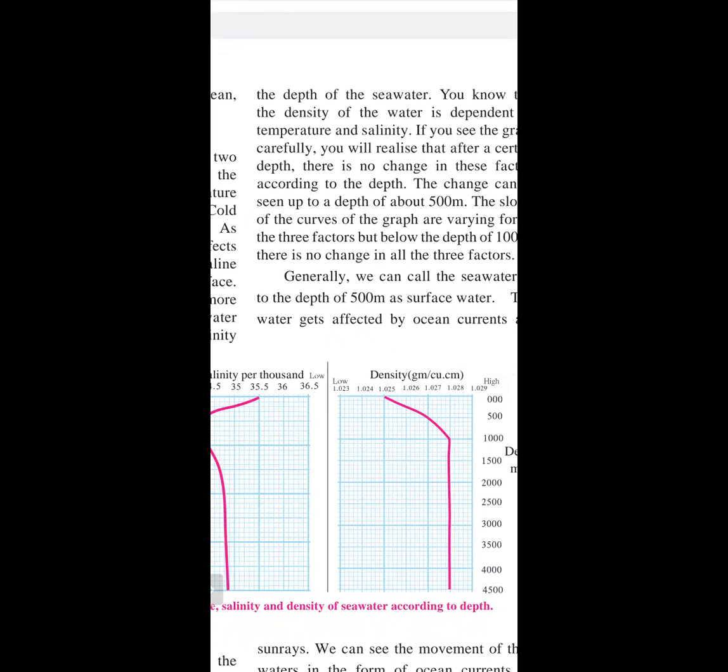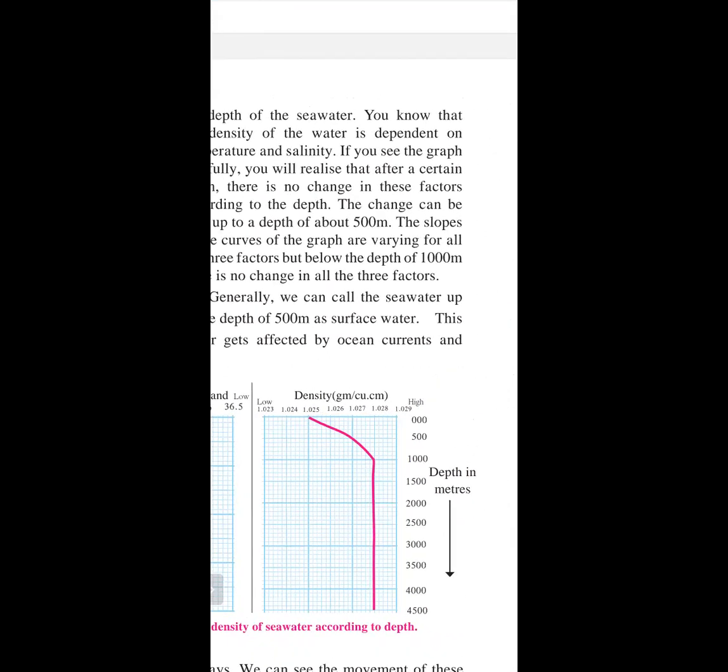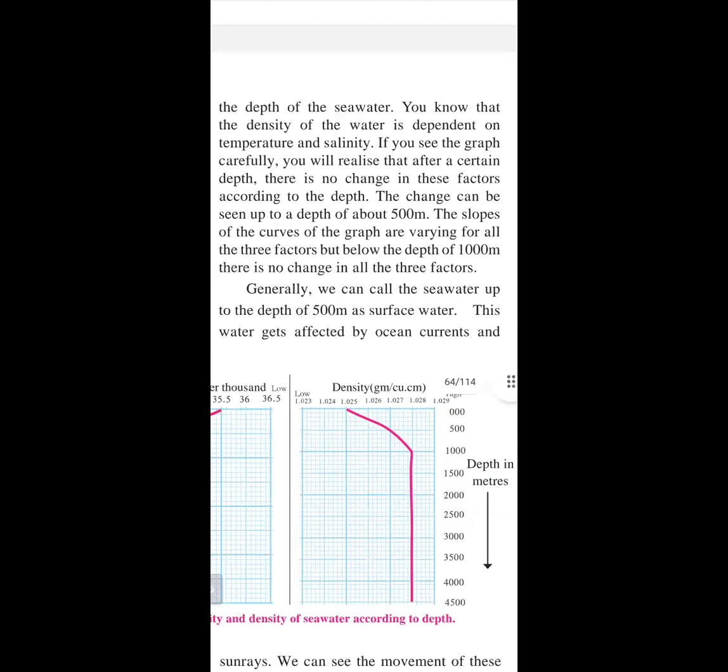Up to 500 meters depth, the salinity level is also increasing or decreasing according to the temperature changes. But below 500 meters there are no more changes. The curves in the graph were varying for all 3 factors, but below the depth of 1000 meters there is no change in all 3 factors.